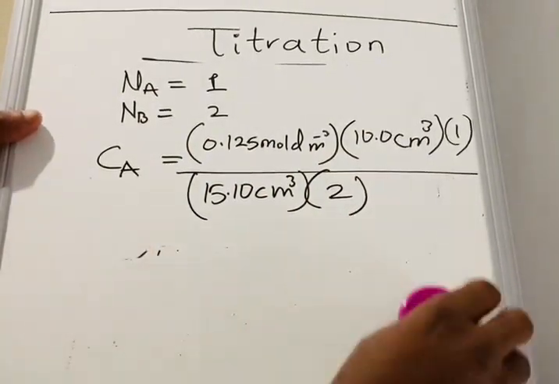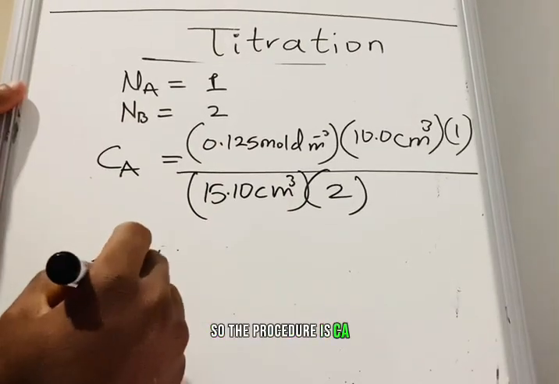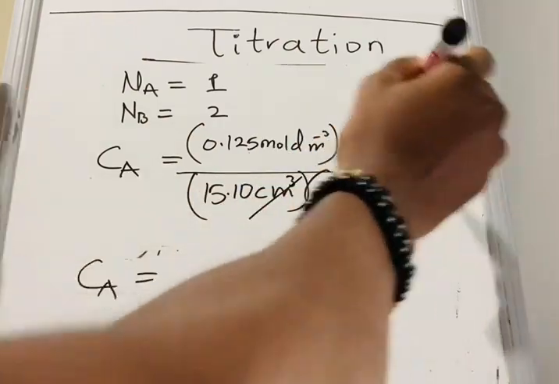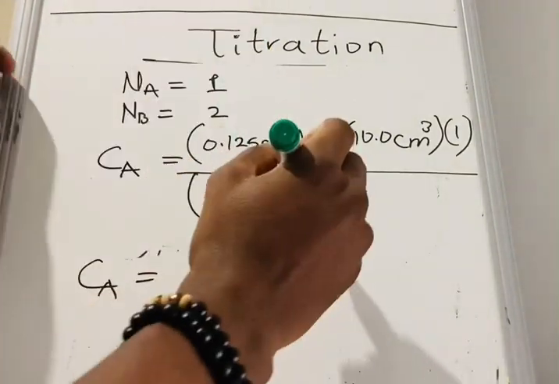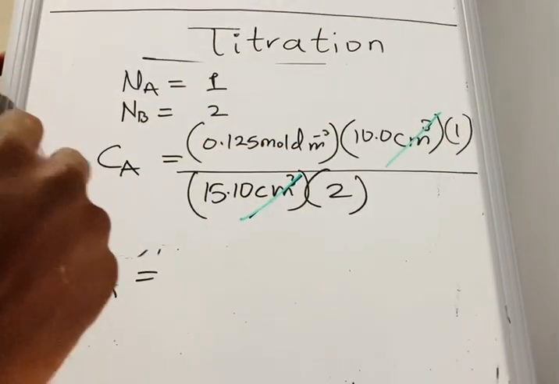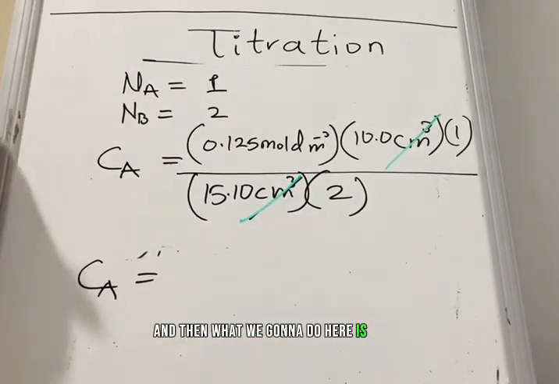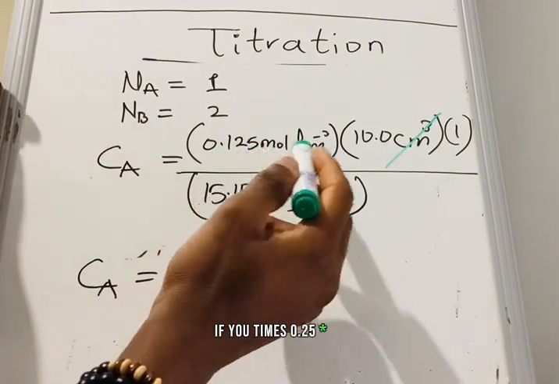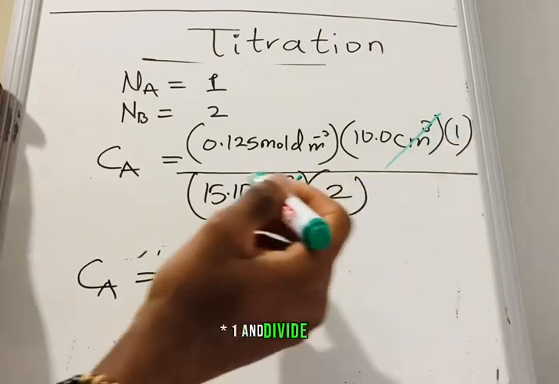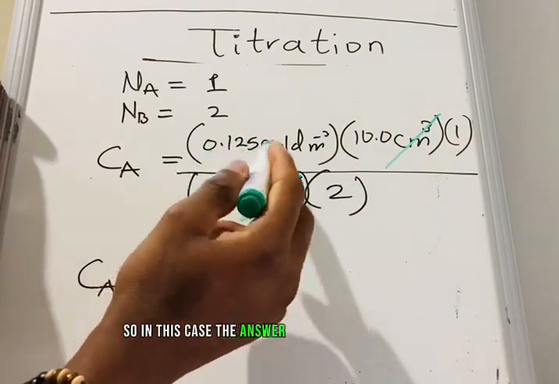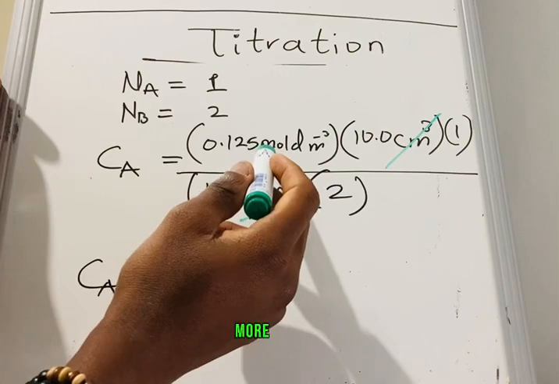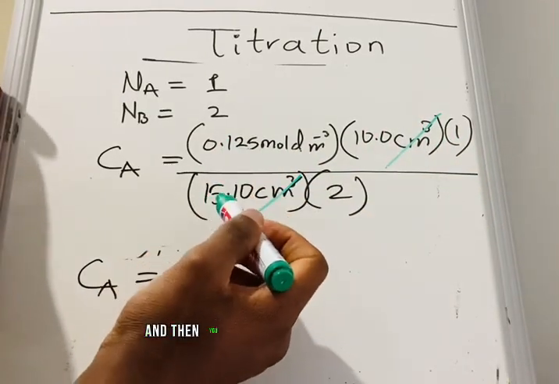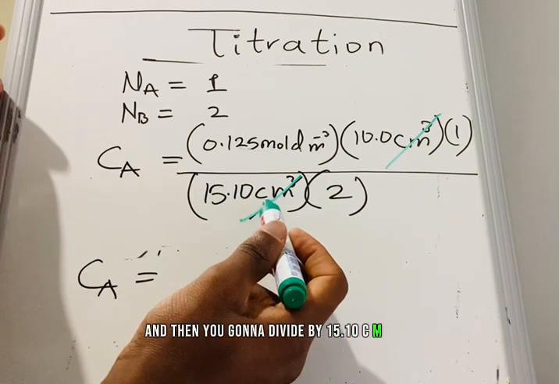In solving, the procedure is CA will be equal to, in this case, the cm³ will cancel the cm³, and then we're going to do 0.125 times 10 times 1 and divide by 15.10 cm³ times 2.